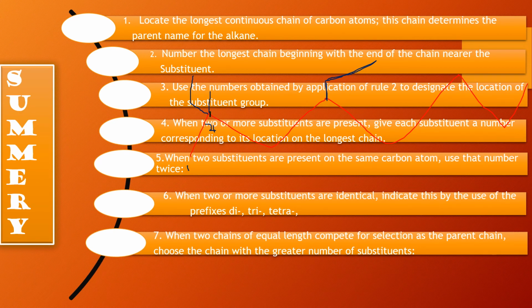Then, when two chains of equal length compete for selection as the parent chain, choose the chain with the greater number of substituents, right? So if there are two chains competing with each other for the parent chain, we will select the chain with a greater number of substituents.